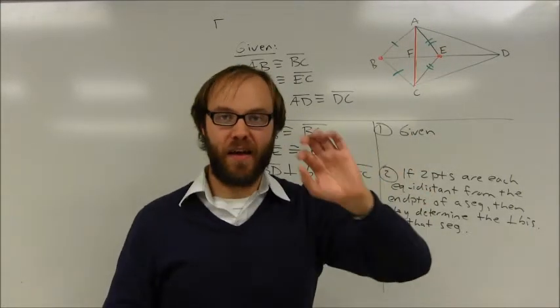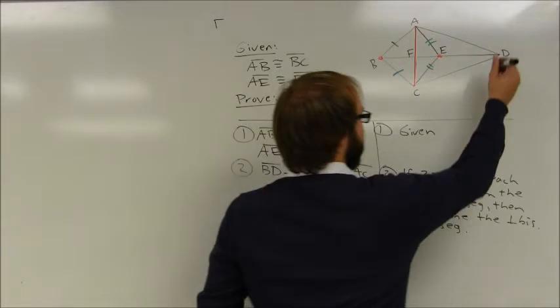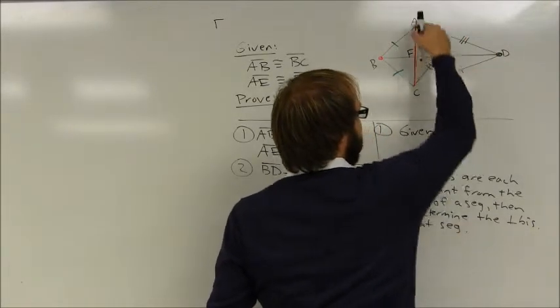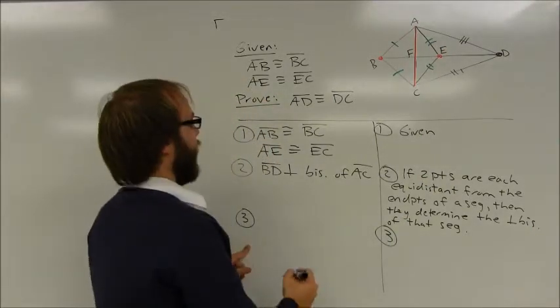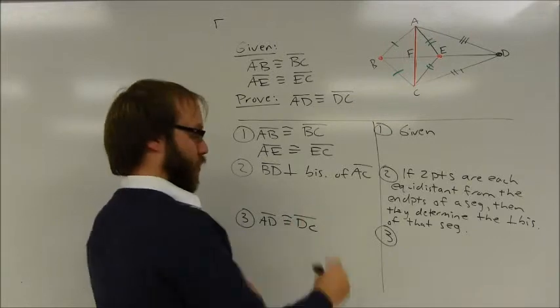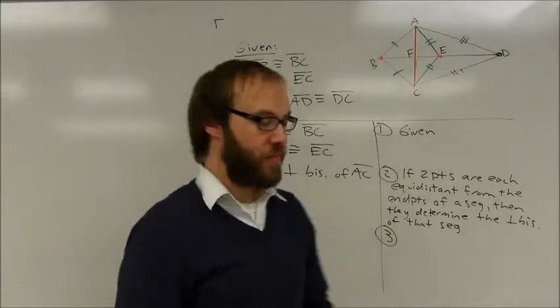I already knew that. And finally, it tells me that point D is equidistant from the endpoints of segment AC, which is the same thing as saying that AD is congruent to DC. Why? Because it lies on the perpendicular bisector.